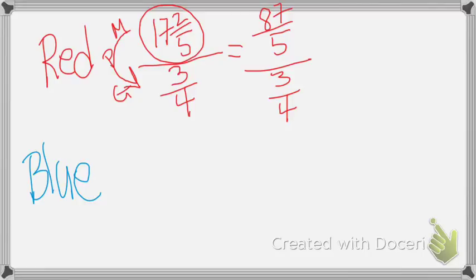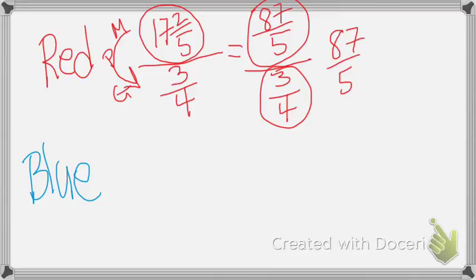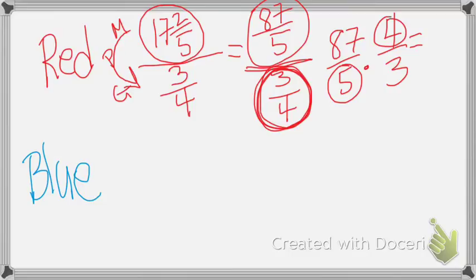Now we know if we're dividing 87 fifths by 3/4, we can turn that into a multiplication problem using the reciprocal, which is 87 fifths times 4/3, and again, this is the reciprocal of our denominator here. We don't have a common factor between 4 and 5.